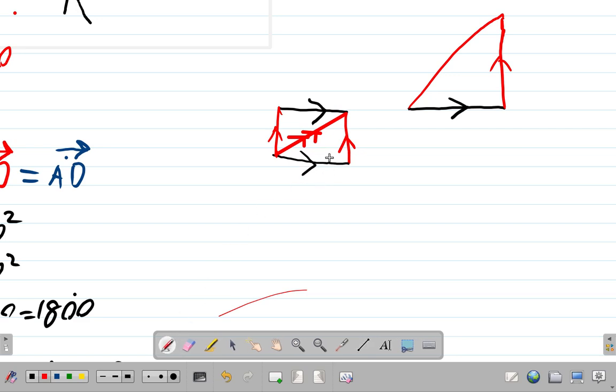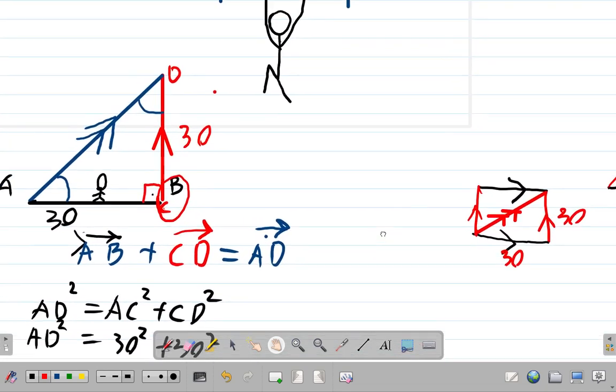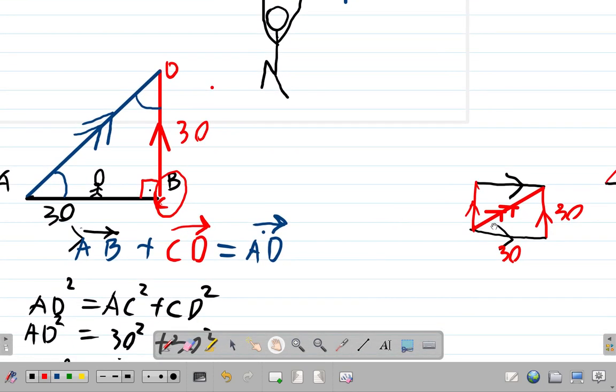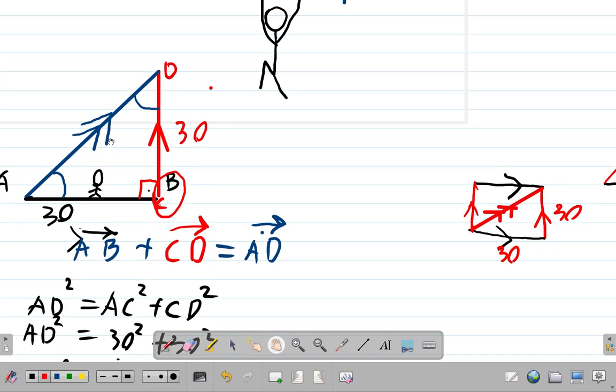So if this is 30 and this is 30, notice this is 30, this is 30. You can find the resultant just like how you found this one. Because this is a parallelogram, not a triangle. But let's do a little thing here. Suppose we erase this part of the parallelogram.